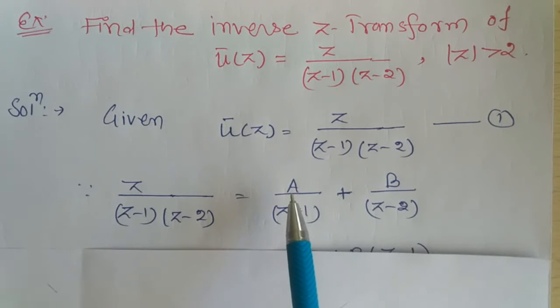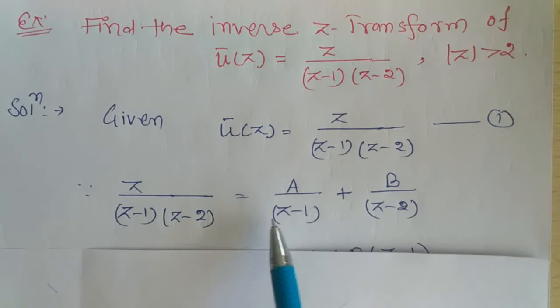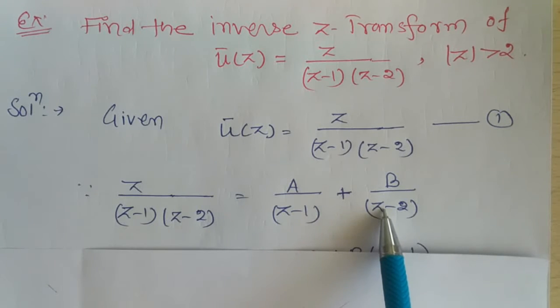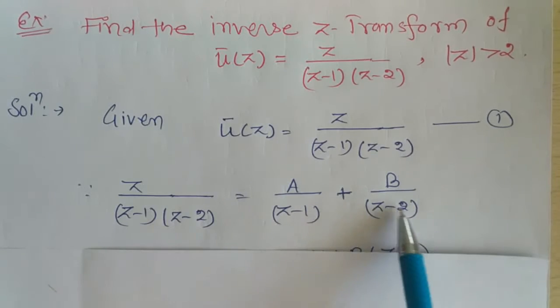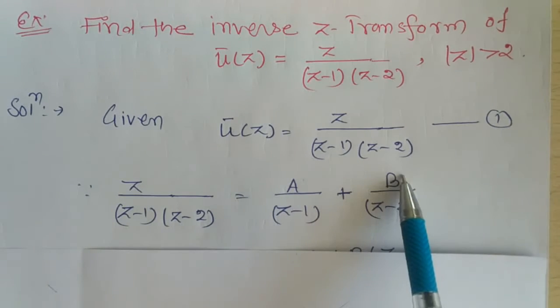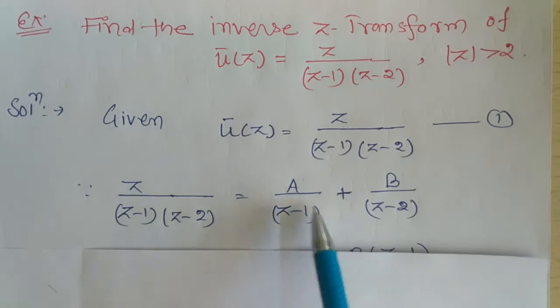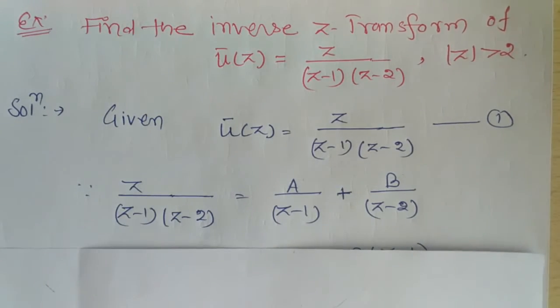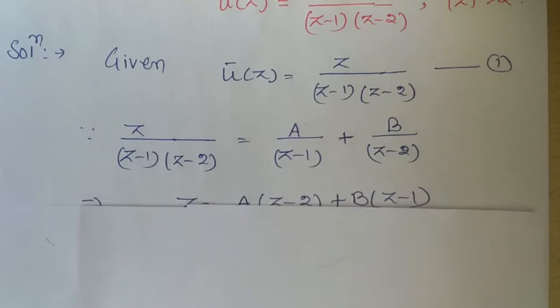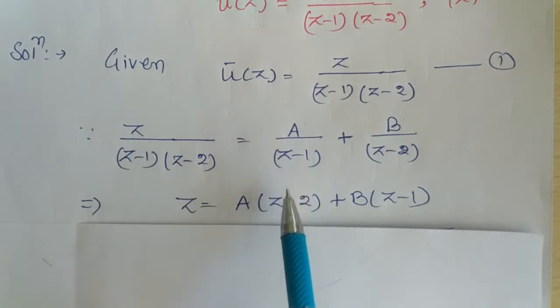Now we have to find the values of constants A and B. So we take LCM, and here LCM is (Z minus 1)(Z minus 2). Then the LCM cancels on both sides, and we have A into (Z minus 2) in the numerator plus B into (Z minus 1). So after cancellation of LCM on both sides, Z equals A(Z minus 2) plus B(Z minus 1).